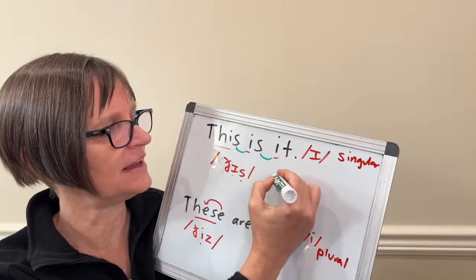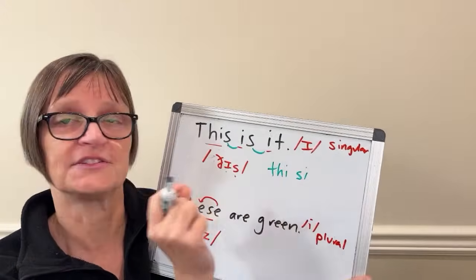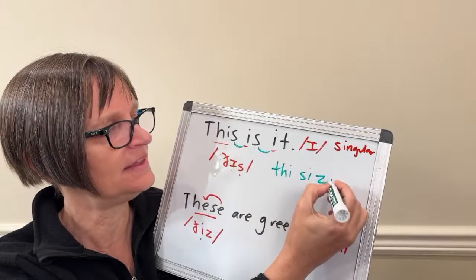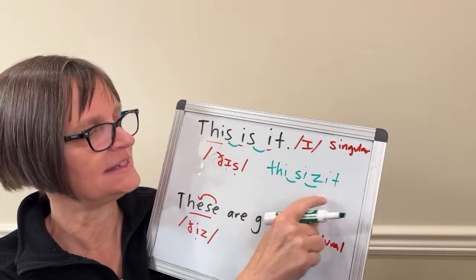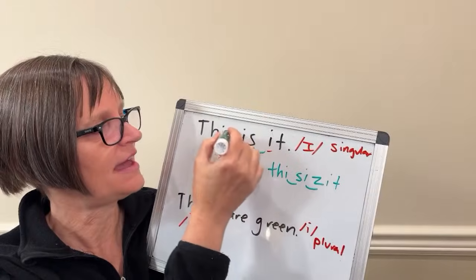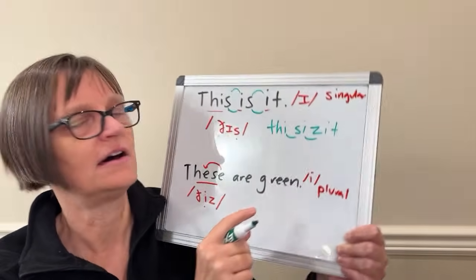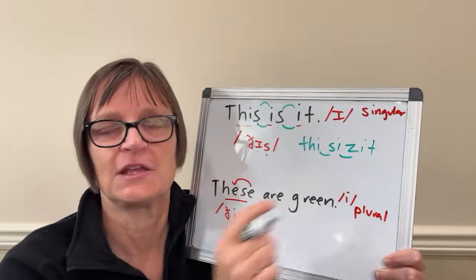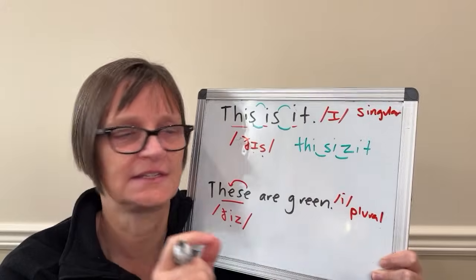So it's going to sound like this, and then this last letter S in the word is a Z sound. This is it. Notice how the S kind of jumps to the front and the Z kind of jumps to the front. That can help you really, especially with the Z sound, making sure that it doesn't become this is it, but rather this is it.